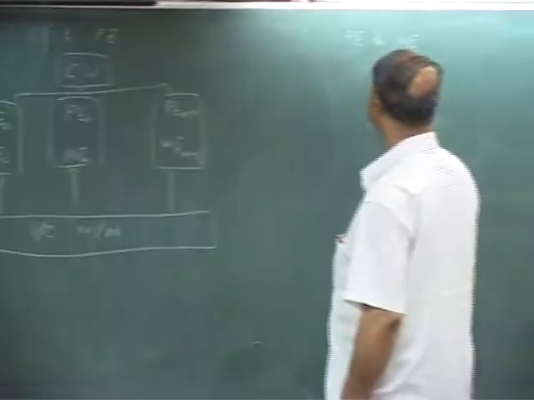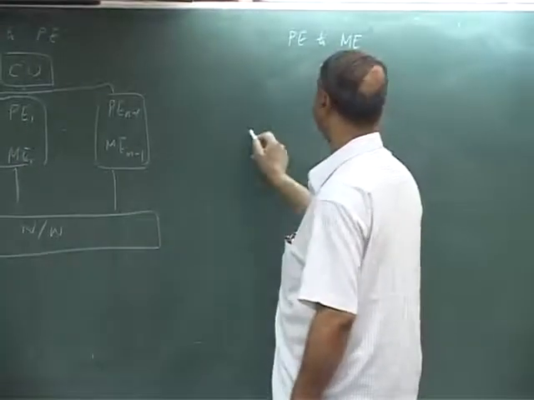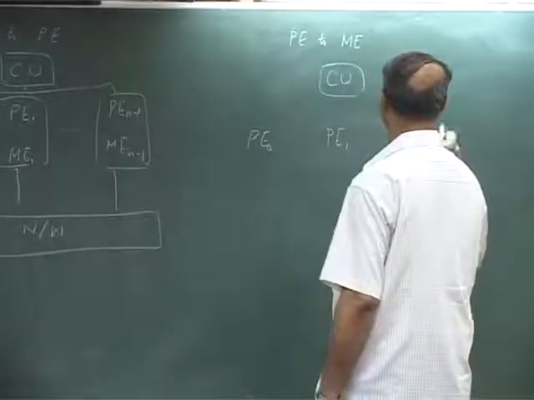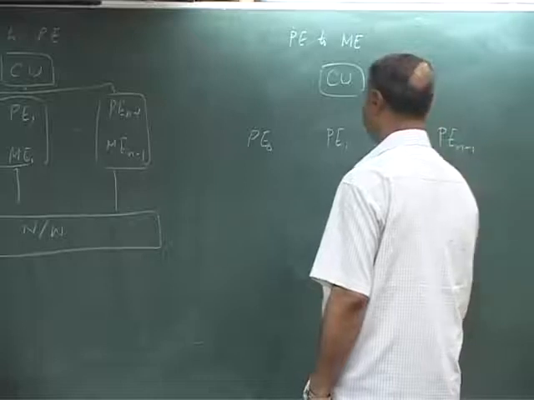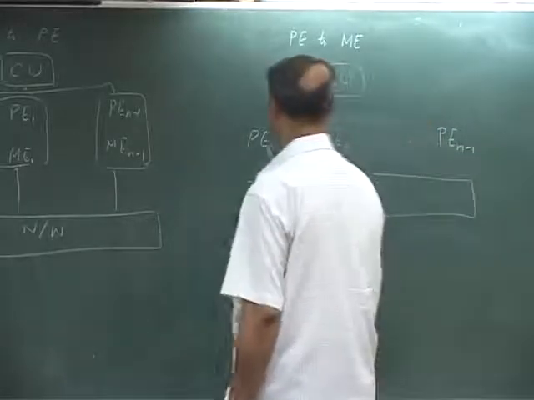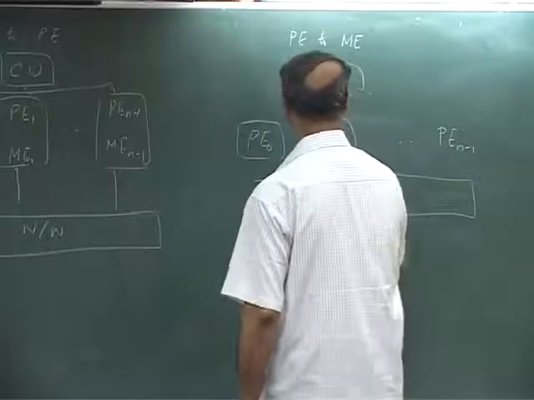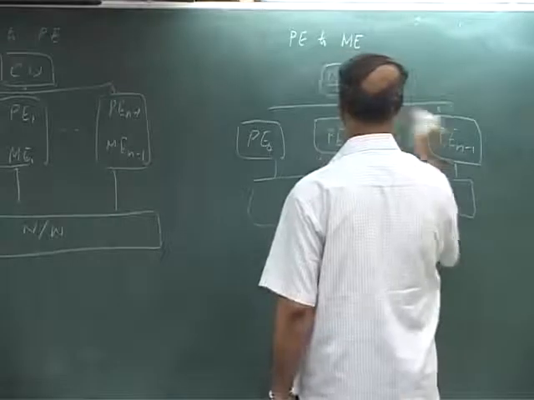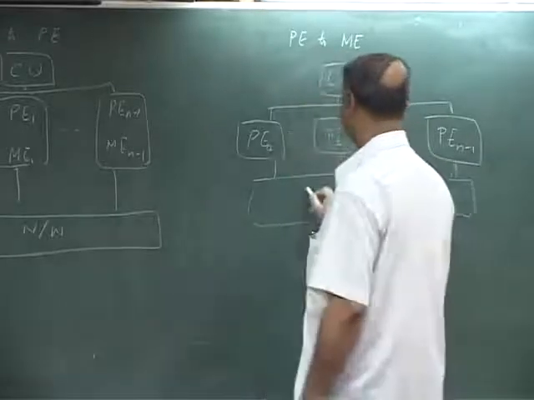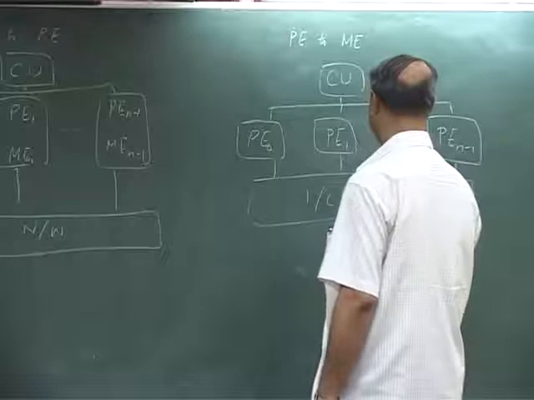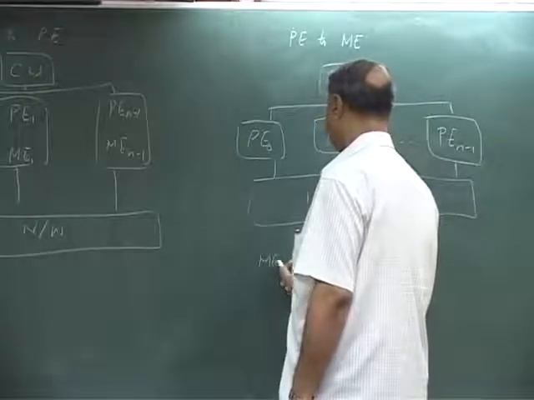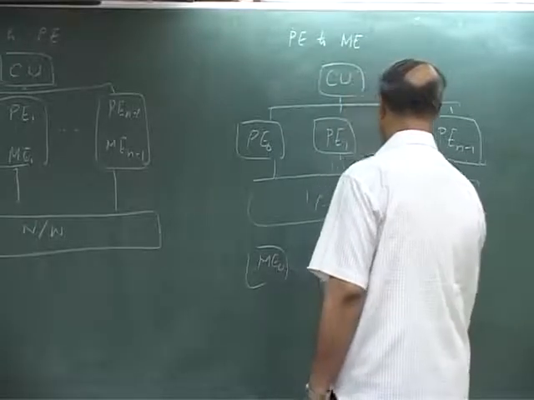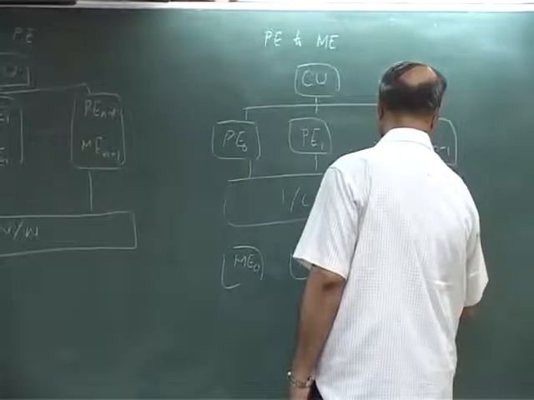There is another model known as the P2ME model. Here you have a control unit, PE0, PE1, up to PE n-1, an interconnection network, and memories ME0, ME1, up to ME n-1.